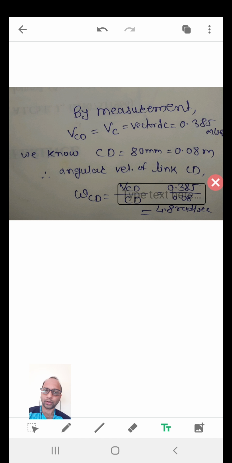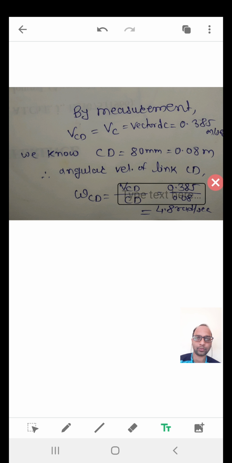We know the dimension of CD. CD equals 80 mm and in meters 0.08 meter. So angular velocity of link CD, omega CD, equals VCD upon the distance CD.